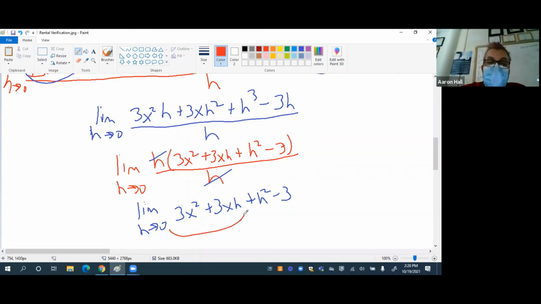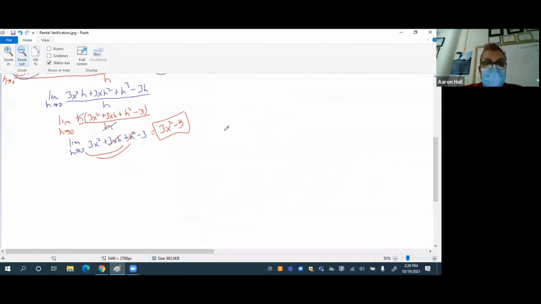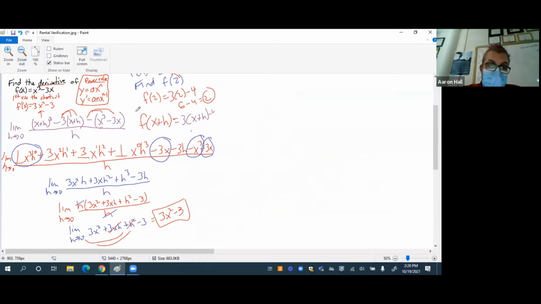Yeah, we can just plug in the 0 for h. These go away, leaving me with 3x squared minus 3. Using the shortcut method, what did I get? It was the same? Okay, yeah, using the shortcut method up here, we got the same thing.